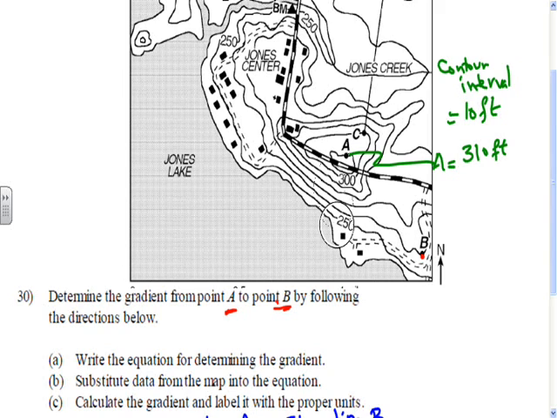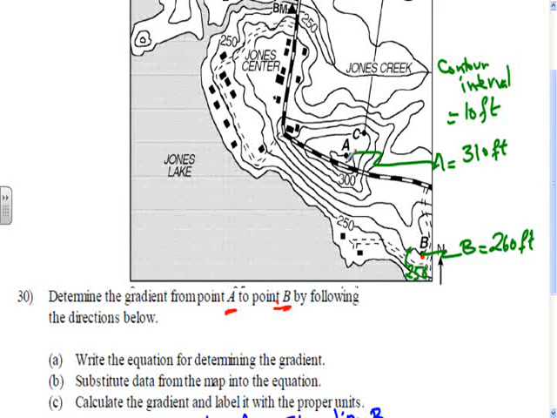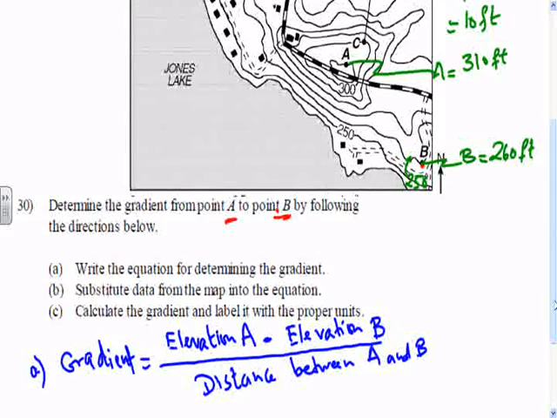Let's take this off. We don't need that. Now, how about the elevation of B? We know that this line right here is 250. Let me write down 250. So B here should be 260 feet. So we find the elevation of A, we find the elevation of B, and you plot the numbers here.